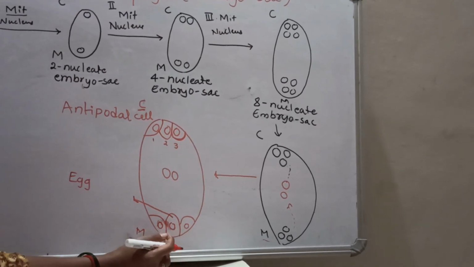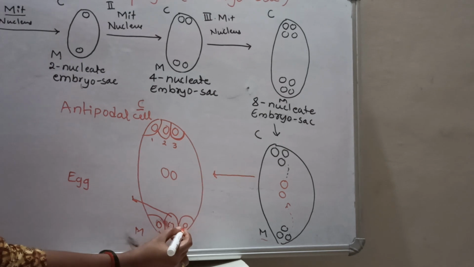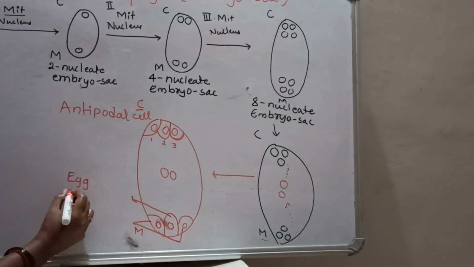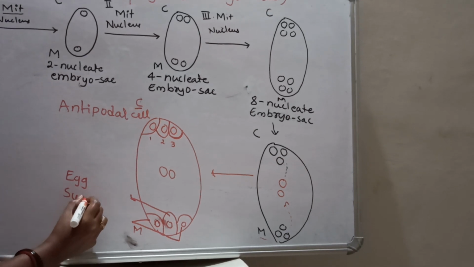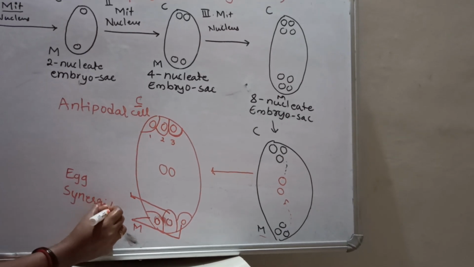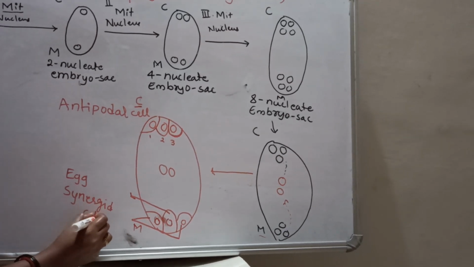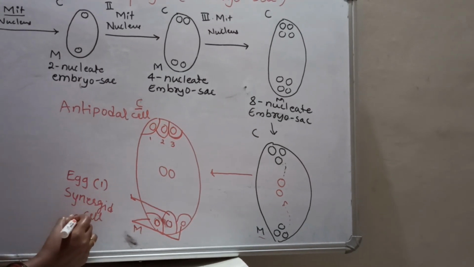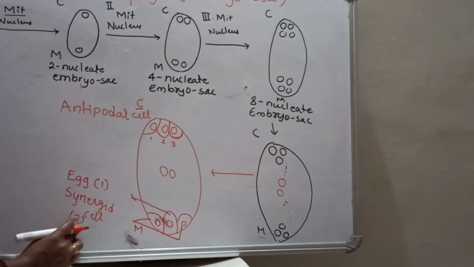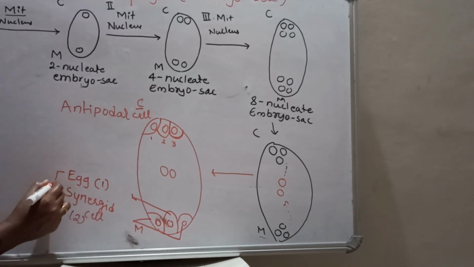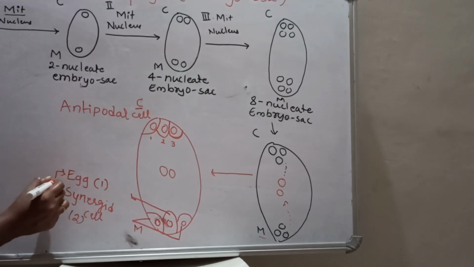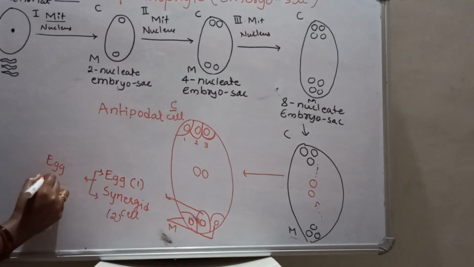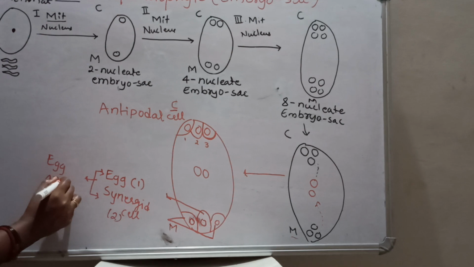And the 2 nuclei present at the micropylar region are called synergid cells. Here one is the egg cell and the 2 are synergid cells. These 3 cells are also known as the egg apparatus.